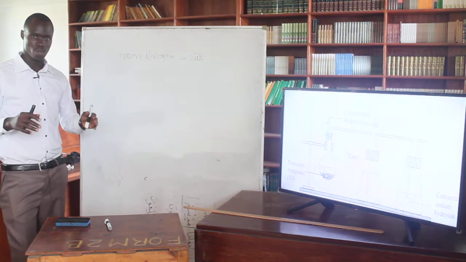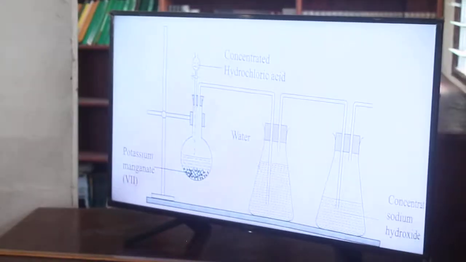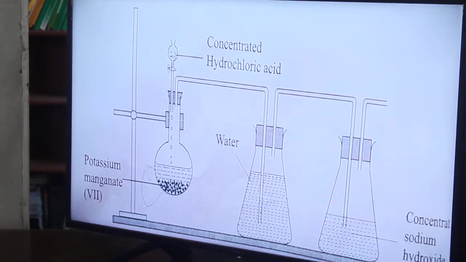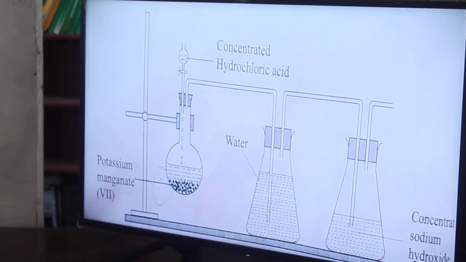This is going to begin with the production of chlorine gas. Remember that there are two ways of producing chlorine gas. The first is to use concentrated hydrochloric acid on potassium manganate(VII).